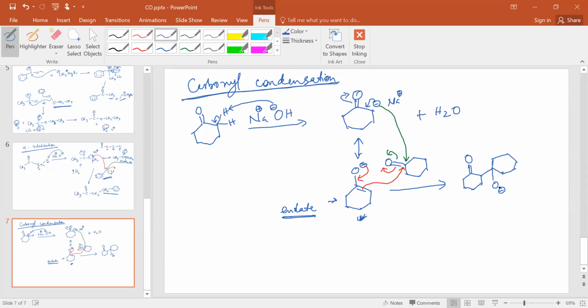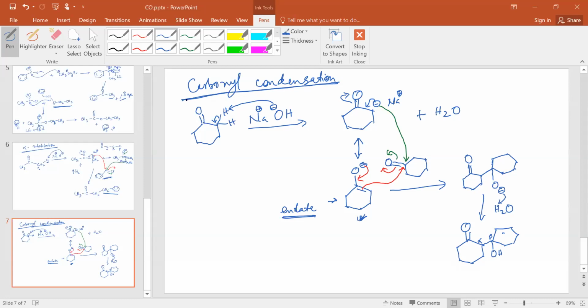This one will take a proton from water or in acid workup, and this will give you this product. So what is this compound? Alpha, beta: if you take the carbon, it is a beta hydroxycarbonyl. So this is the beta hydroxycarbonyl compound.